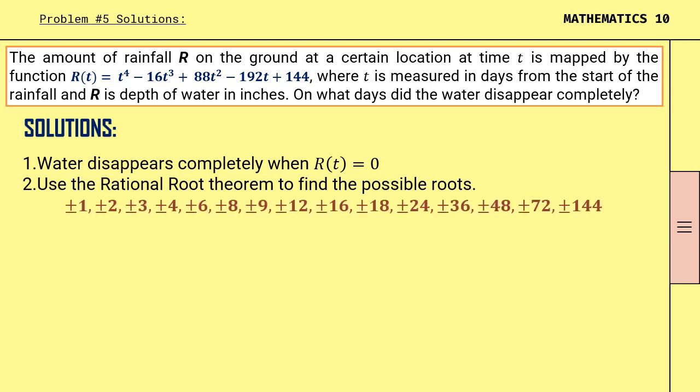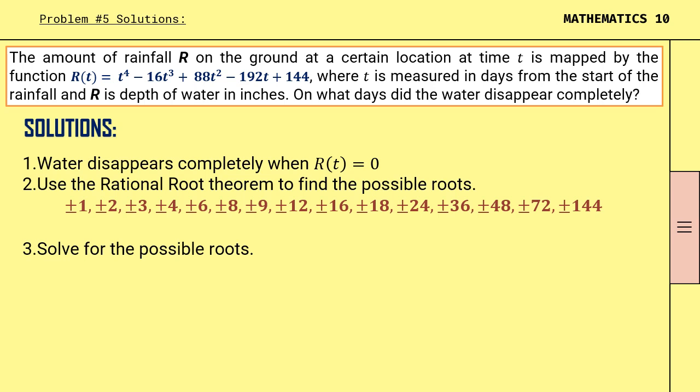Looking at our equation, our constant term is 144. So we list all the factors of 144, both positive and negative. Next, solve for the possible roots using synthetic division and any other steps that you can use to get the roots of this.